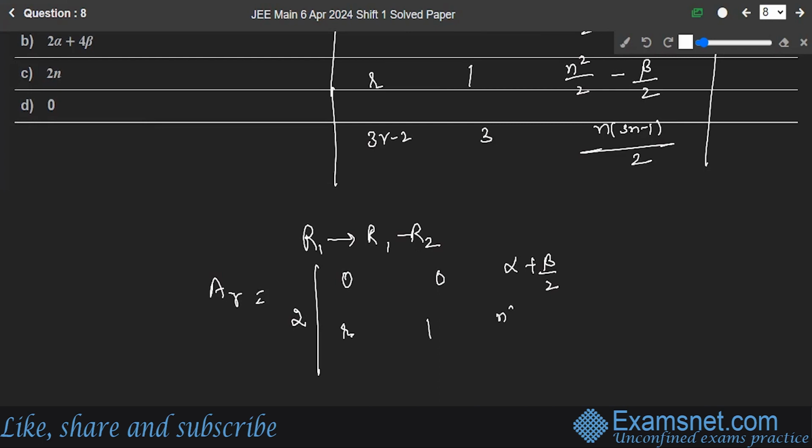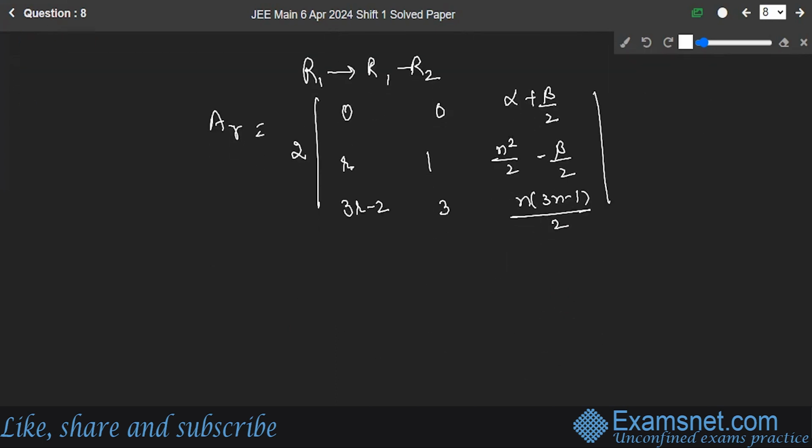This is R1 n squared by 2 minus beta by 2, and 3R minus 2, 3, and n into 3n minus 1 upon 2. So let's find out the determinant now. I'm expanding from this column. So this will be 0, 0. 2 outside, alpha plus beta by 2, and this is also multiplied by minus 1 raised to the power first row, third column, and this is this.